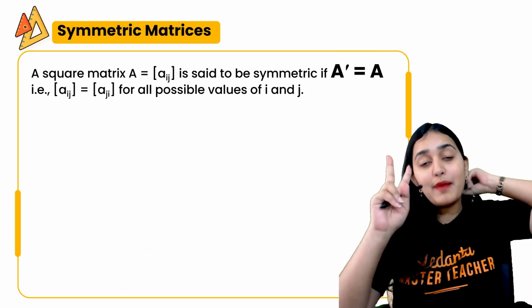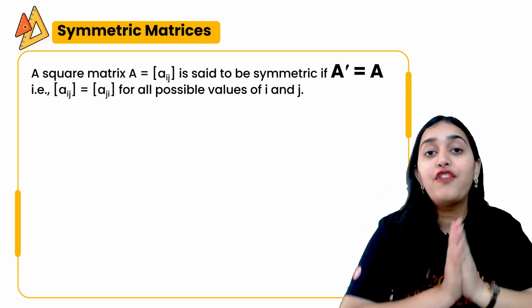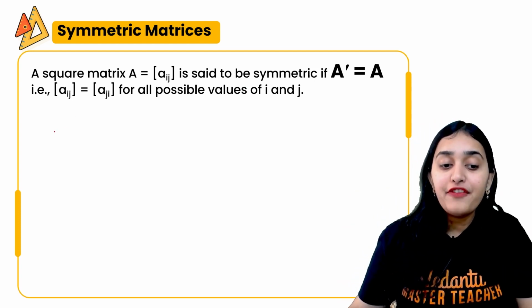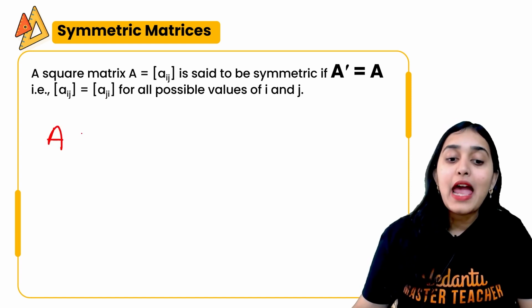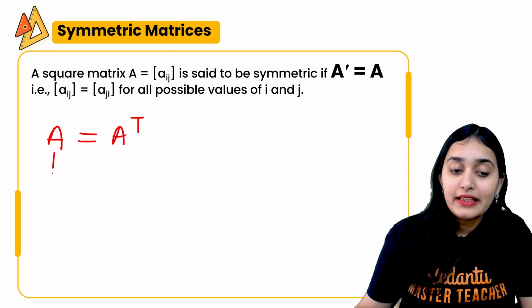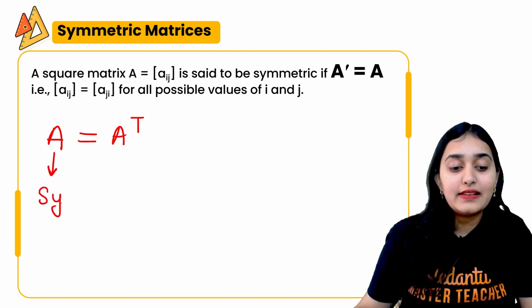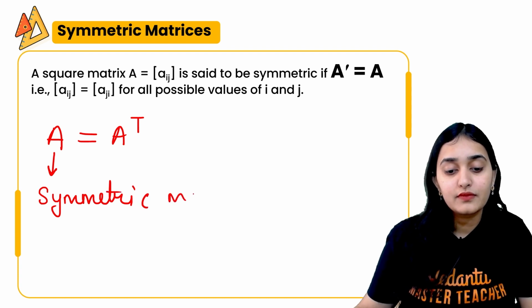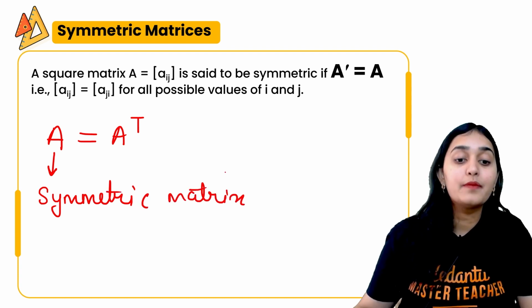Next are two special types of matrices formed with the help of transpose. Now, if a matrix and its transpose are equal, then this matrix is called a symmetric matrix. So easy, right?